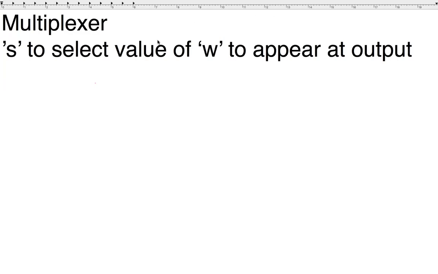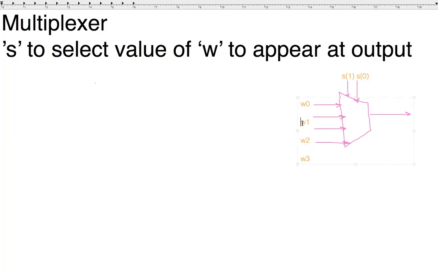If you guys recall, we have a multiplexer here with inputs going to it, and it's going to select one of those as the output. For select, I'm going to have S1 and S0. And for my inputs, it's going to be W0, W1, W2, W3.